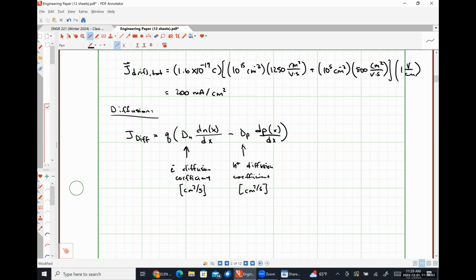Yeah, centimeters squared per second. So very similar to our mobility coefficients, except that there's no voltage in the denominator.